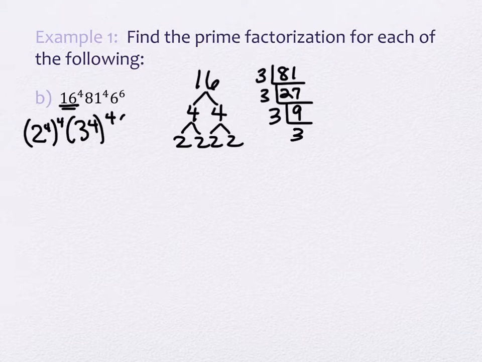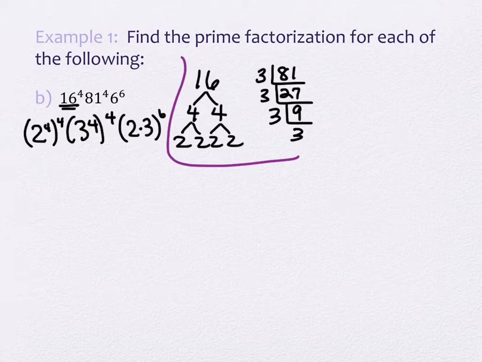And then you have 6, and I think you can do 6 without a tree. What is the prime factorization for 6? 2 times 3, you bet. Now, the 2 times 3 to the 6th does look different than the other two pieces. But all of the pieces that we now have fit into some properties we've seen for exponents back in chapter 3.